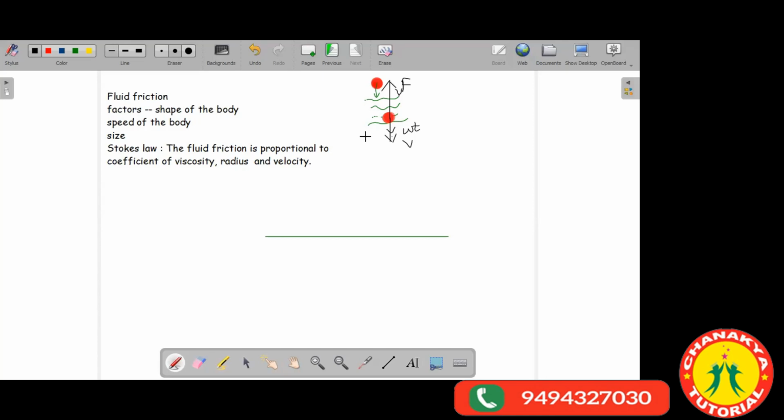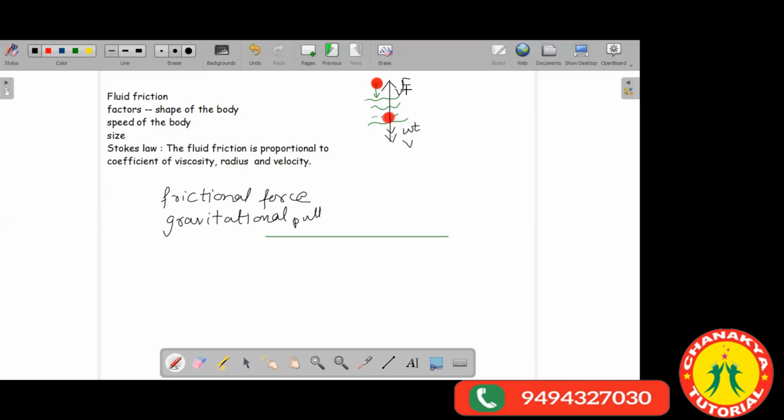So in this situation, you have two forces acting on this ball: the frictional force acting upward and the gravitational pull acting downward.